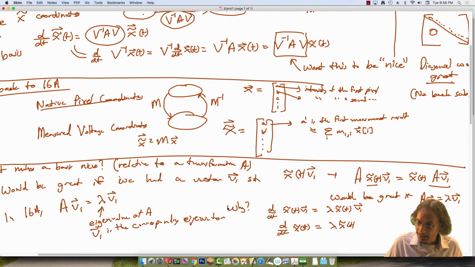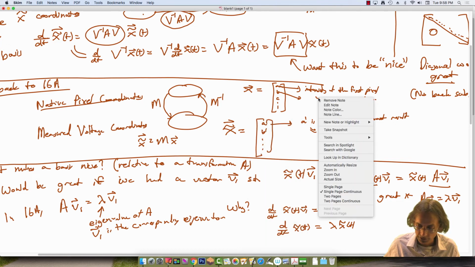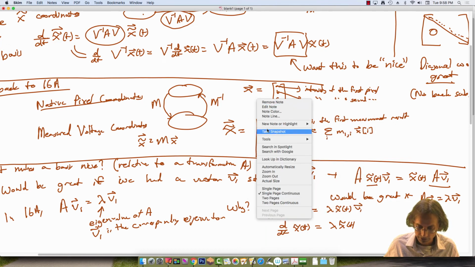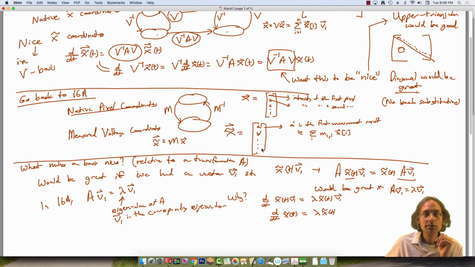So this ability of having everything decompose into scalar differential equations is tied to eigenvalues and eigenvectors somehow. So let's see how this works out.